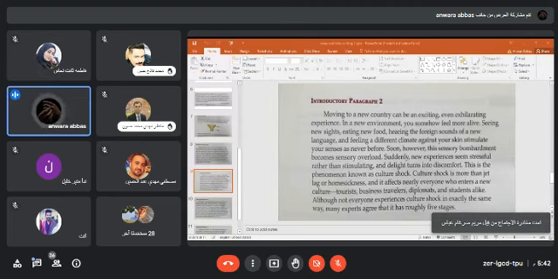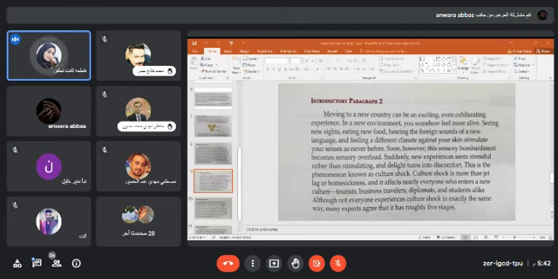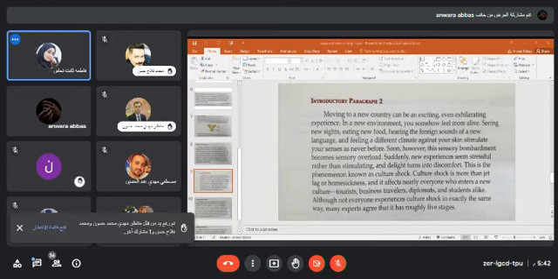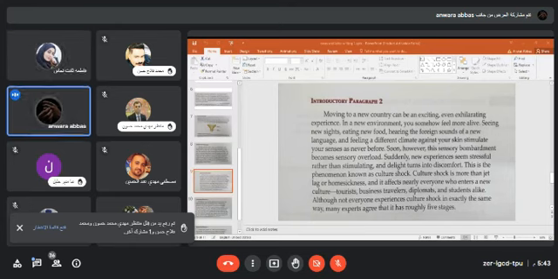What are we going to expect the author to write about the cultural shock in the body of his essay? I think, Professor, the shock about many things: the traditions, the lifestyle, the different food, the different language. Okay, Fatma, might be.